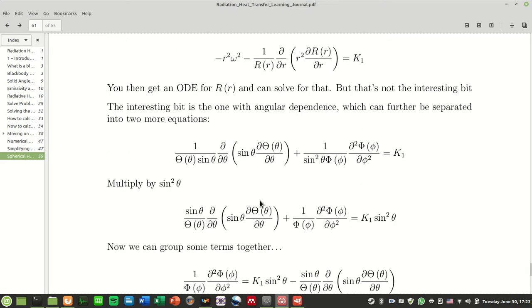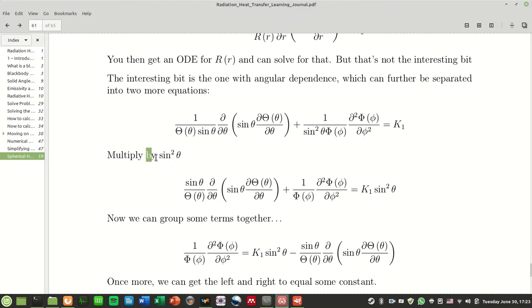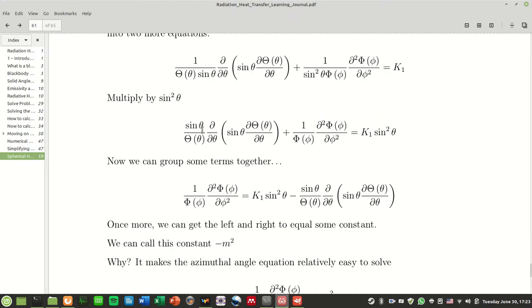The way to do that is to just multiply by sine squared theta. Then we bring all the theta terms to one side and all the phi terms to the other, which means the azimuthal terms to one side and the polar angle terms to the other.